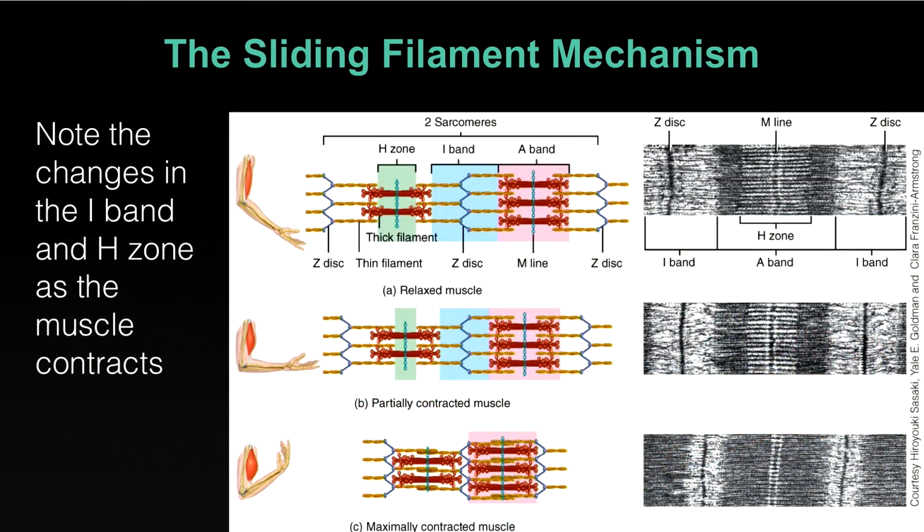So these filaments slide on top of each other. The sarcomere shortens, the filaments stay the same length. What changes is their degree of overlap. When contraction occurs, when calcium is present, and the sarcomere shortens, these filaments overlap more.